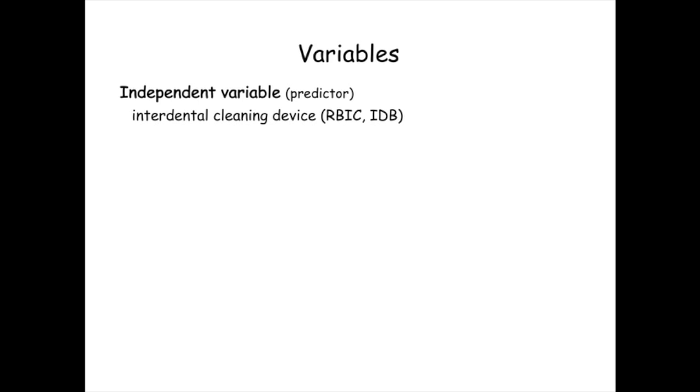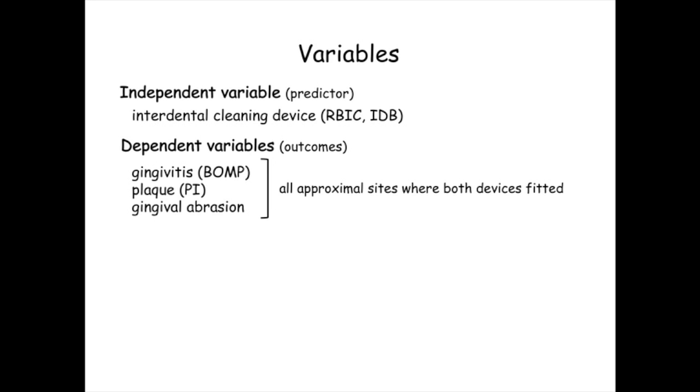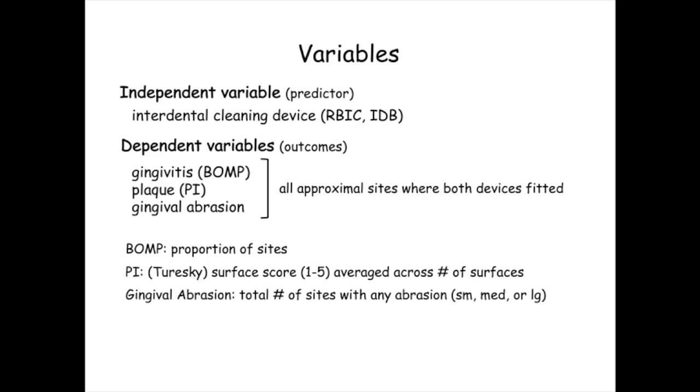In this study, there was one independent variable, interdental device, with two values, rubber, denoted RBIC, and nylon, denoted IDB. There were three clinically related dependent variables, gingivitis, plaque, and gingival abrasion. These variables were all clearly defined so that other researchers would be able to replicate the results.